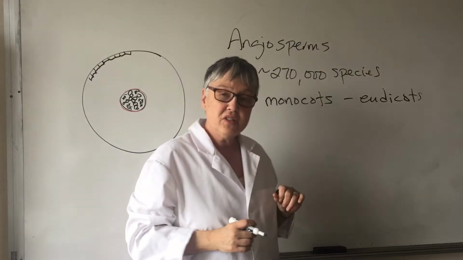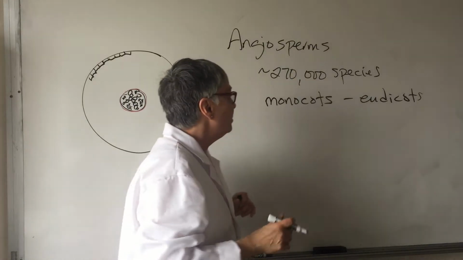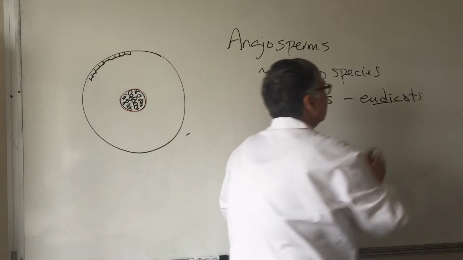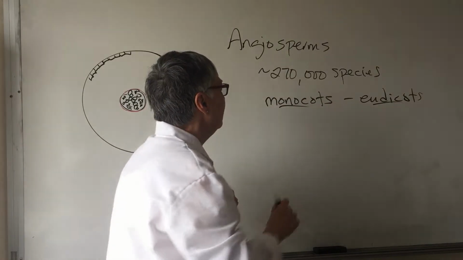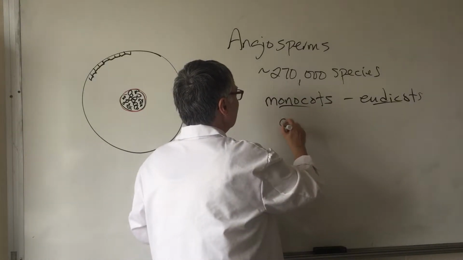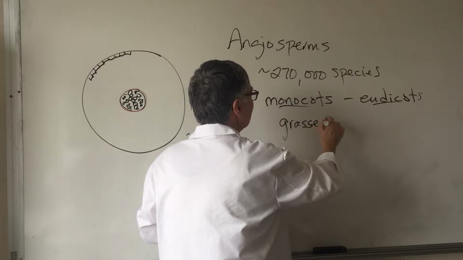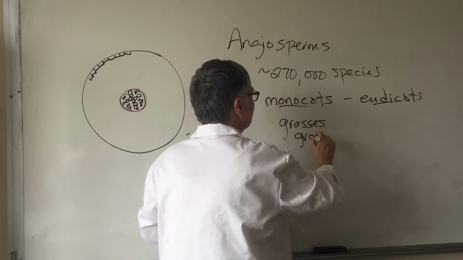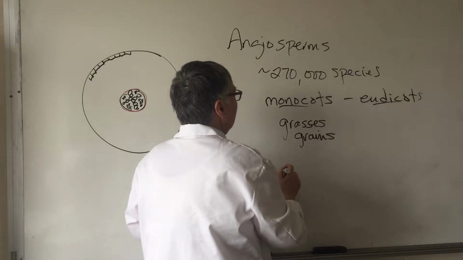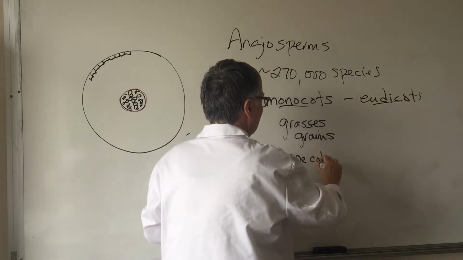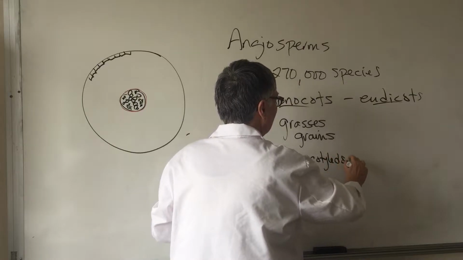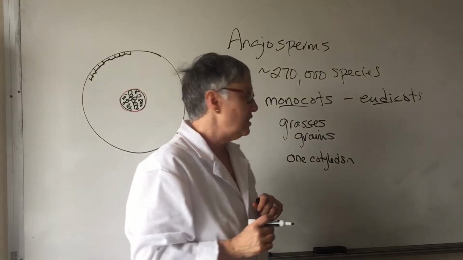There are several differences between these two groups, but just to explain examples of plants that you're familiar with, the monocots include the grasses as well as grains. They have only one cotyledon that emerges from the seed when they germinate.